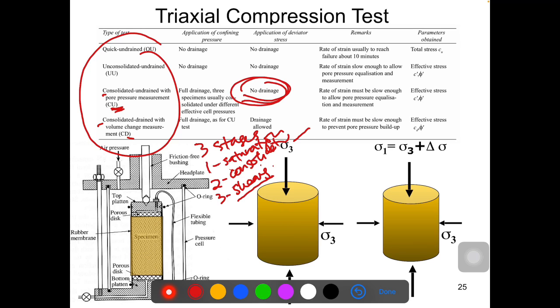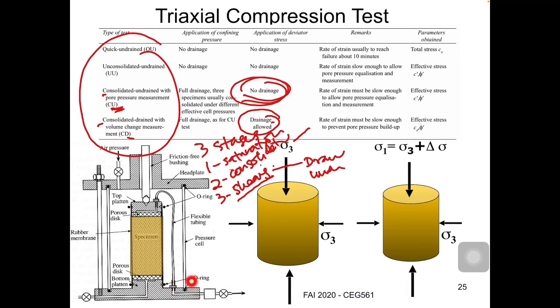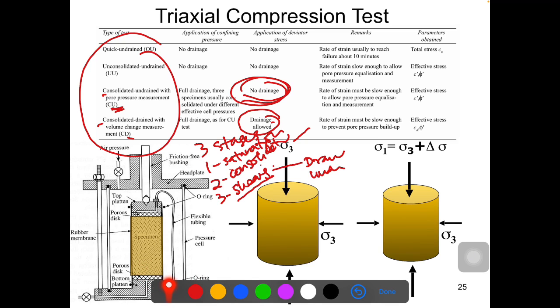Shearing is either drained or undrained. If you open the valve and the water can come out from the specimen, meaning you allow drainage, it is considered drained.